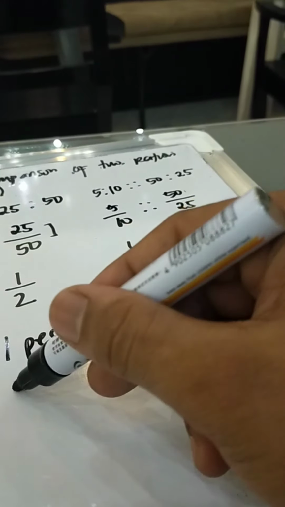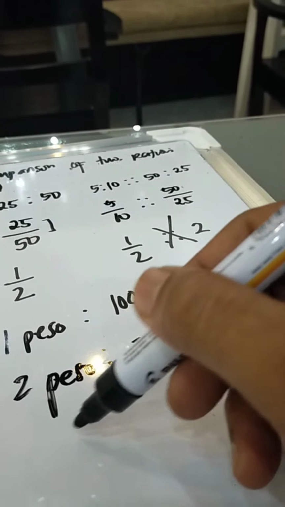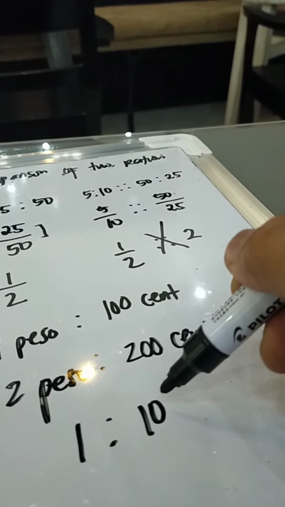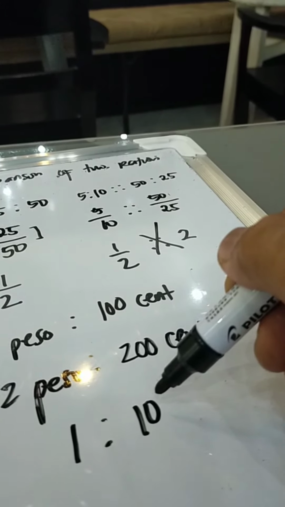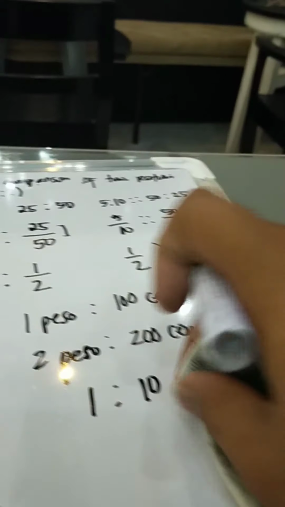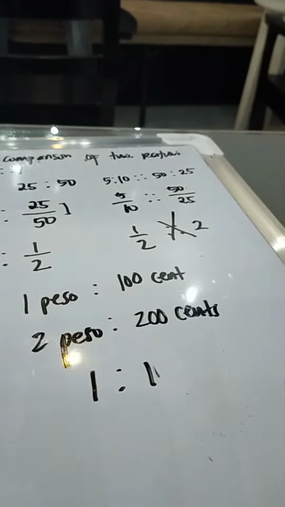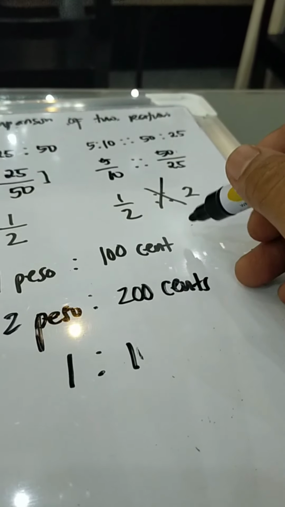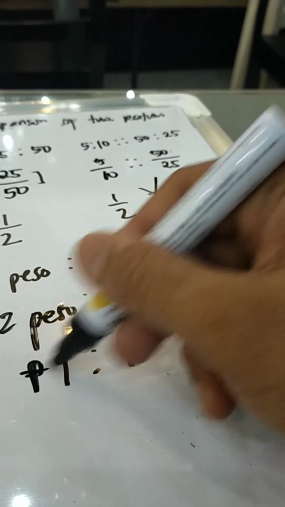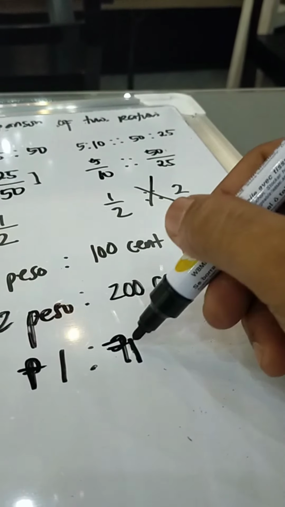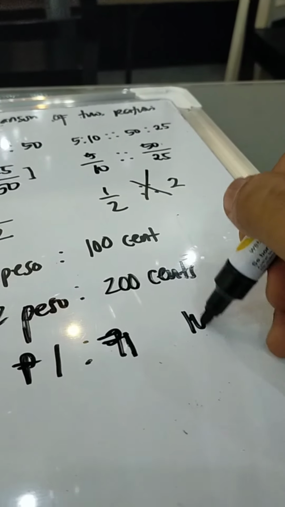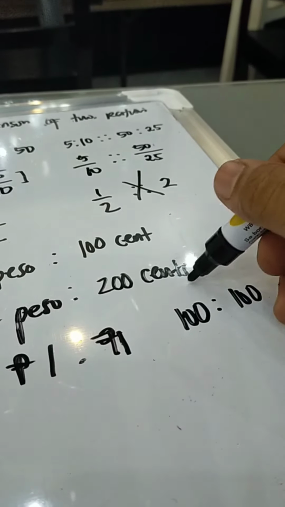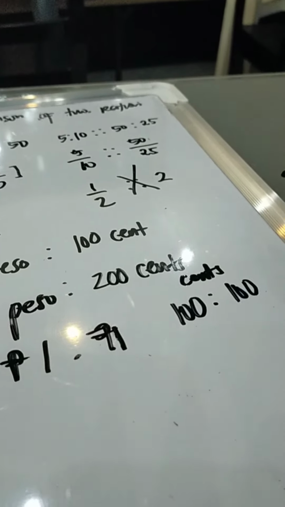So we have 2 peso. That is 1 is to 1. Sorry, kasi nga ay i-convert natin sila into both cents or into both peso. So 1 is to 1, 1 peso is to 1 peso, or 100 is to 100 kung cents naman ang pinag-uusapan.